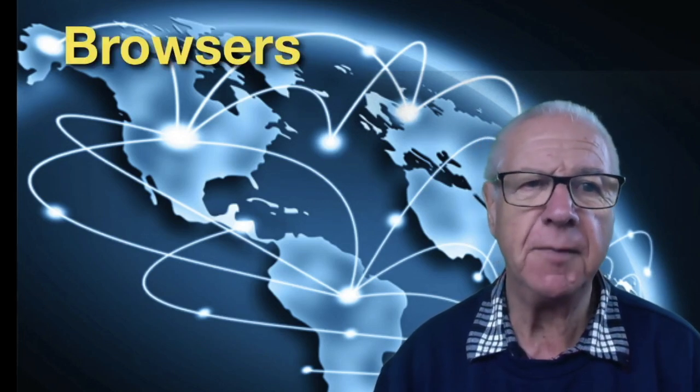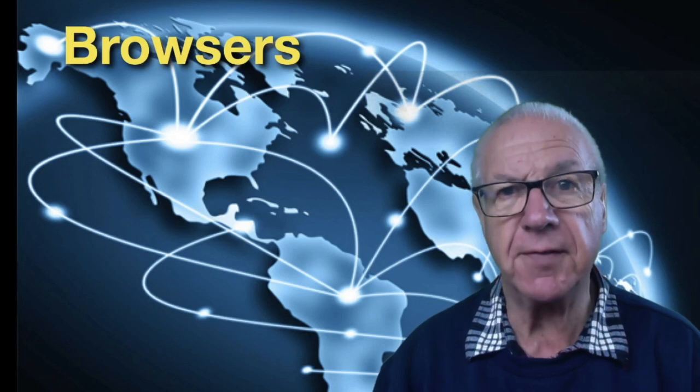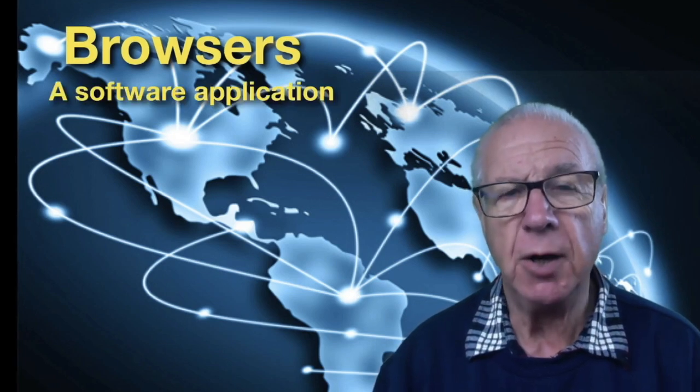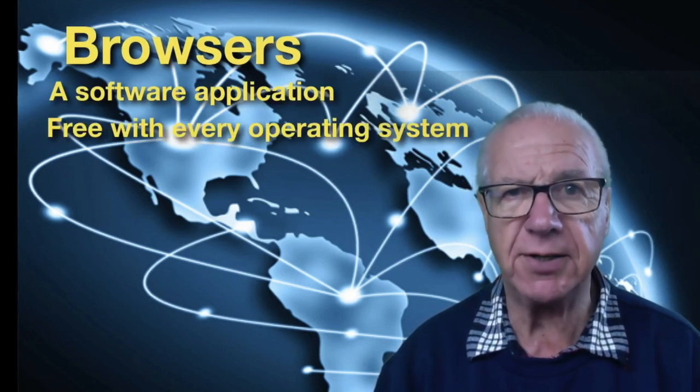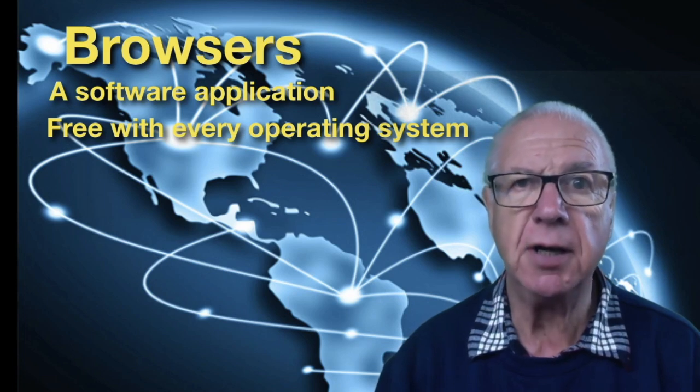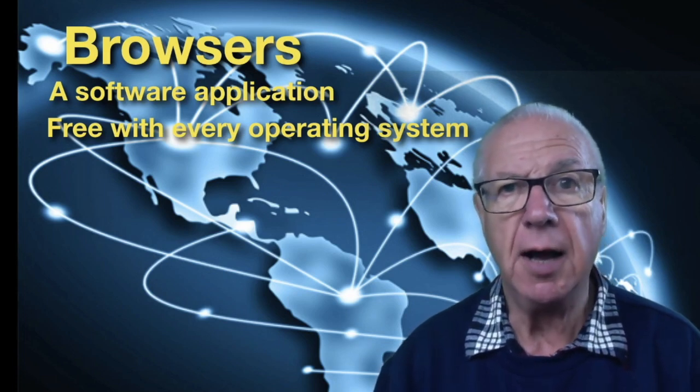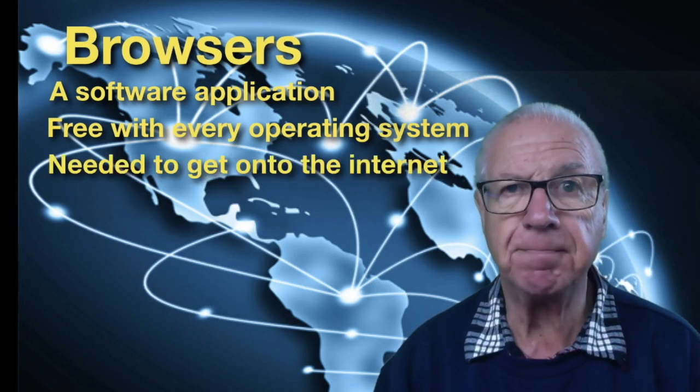Well, that was a very short overview of the job of a browser and a search engine. There is just so much to learn. But what have we learned so far? Well, we've learned about browsers that they are a software application which comes free with every operating system, such as Mac OS, Linux, Windows, Android and iOS.